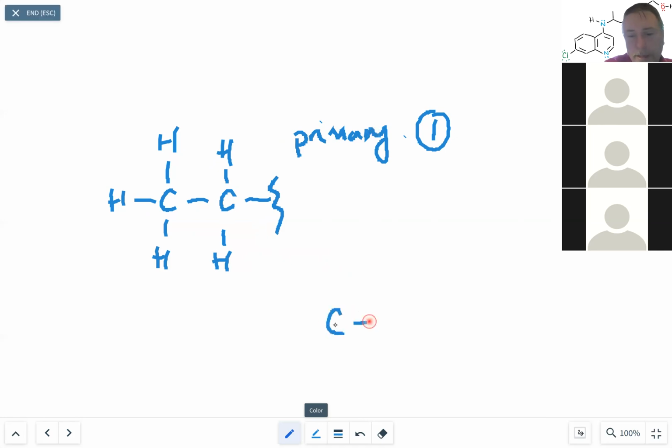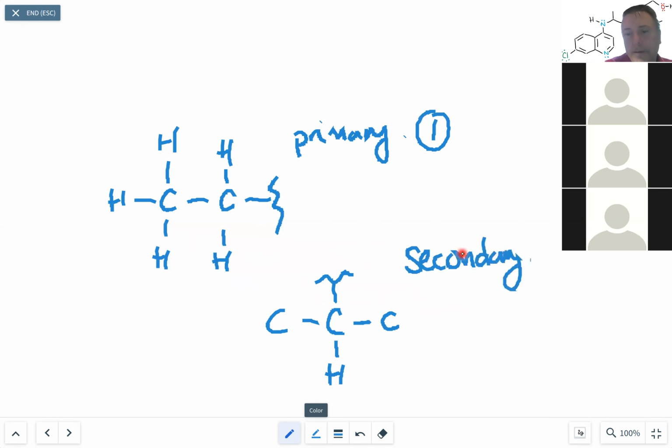If you've got a carbon that is bonded to two carbons, we call this a secondary carbon because it's bonded to two carbons. So this carbon here would be a secondary carbon.